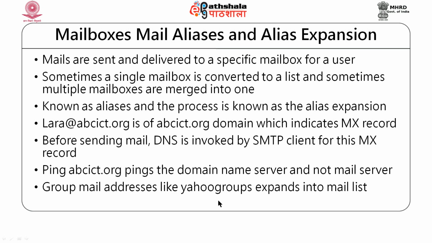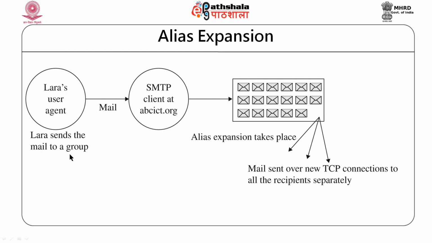In fact, group mail addresses, such as Yahoo groups, expanding into a mail list is also talked about. Let us look at this process. Suppose Lara sends a mail and there is an SMTP client. The SMTP client itself expands the address. Suppose the address is of a group, and all members of the group are here. What does this SMTP client do?